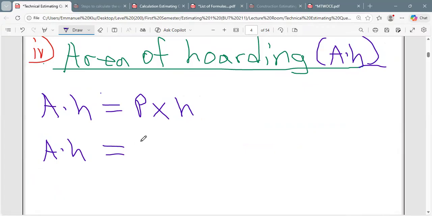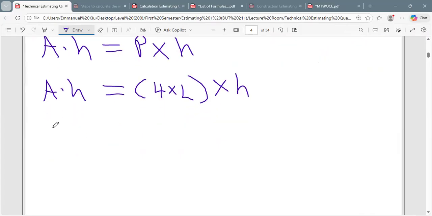So this is going to give us 4L times H, which is the same as 4 times L times H. So my area of hoarding is now equal to 4 times the length.